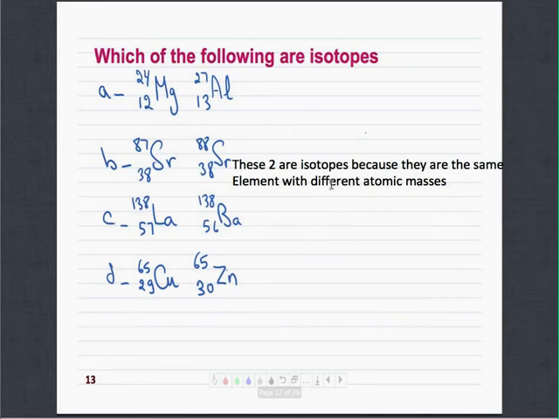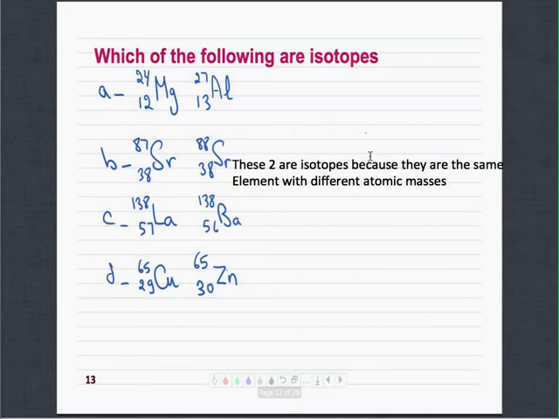This question is exactly from last spring. I gave exactly this question in the exam, and 20% of the students voted for something else. The most important thing when we're talking about isotopes is to check that it is exactly the same element.